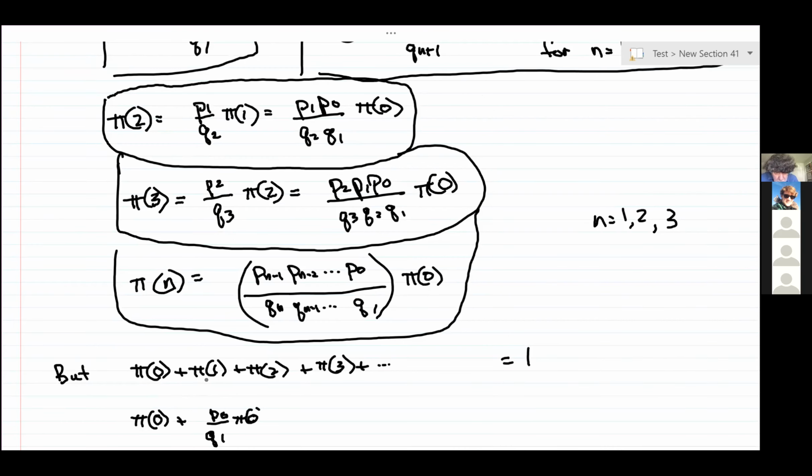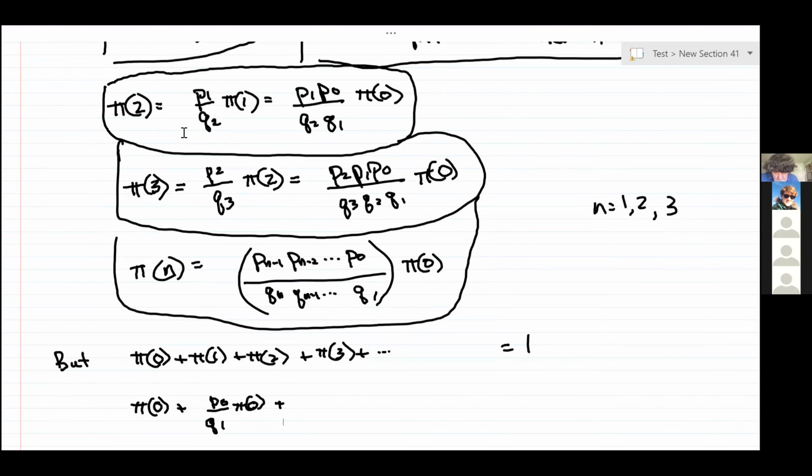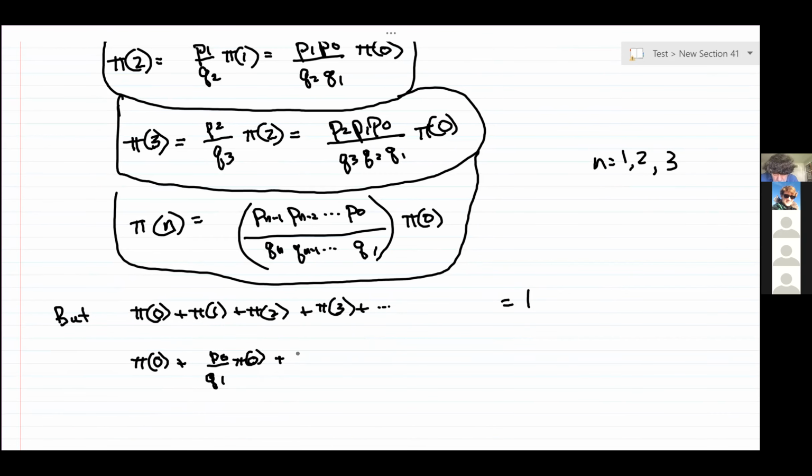That's pi 1, but pi 2 is what? This guy, P1, P0, and on the bottom, Q2, Q1, pi 0. That's this. Plus pi 3, which is this. So put in pi 3, that's P2, P1, P0 upstairs, and Q3, Q2, Q1 on the bottom.